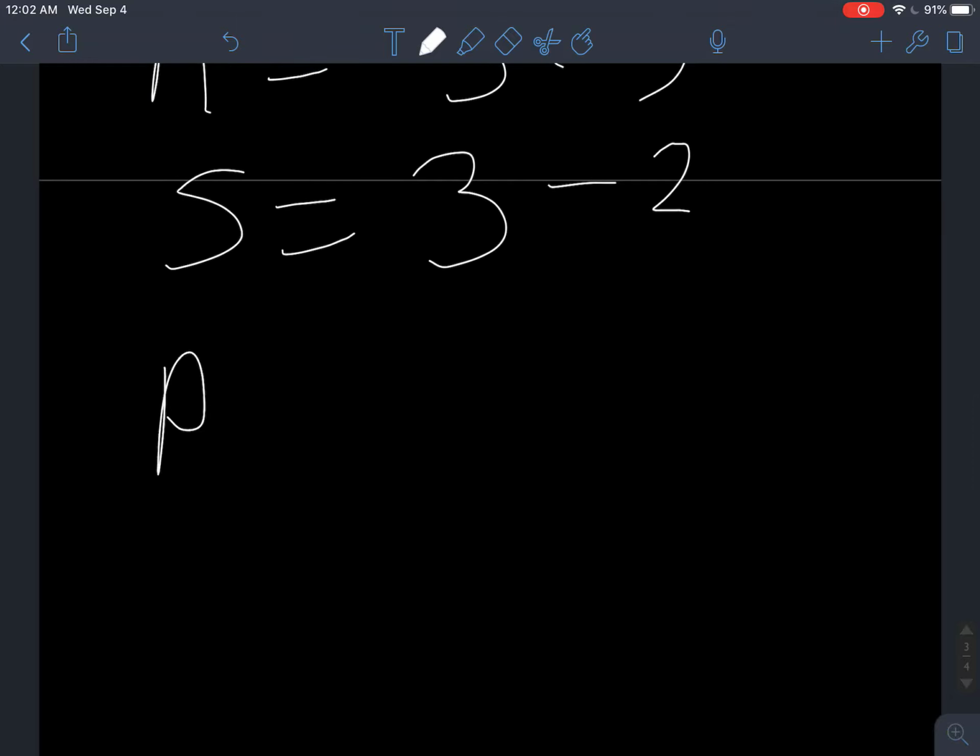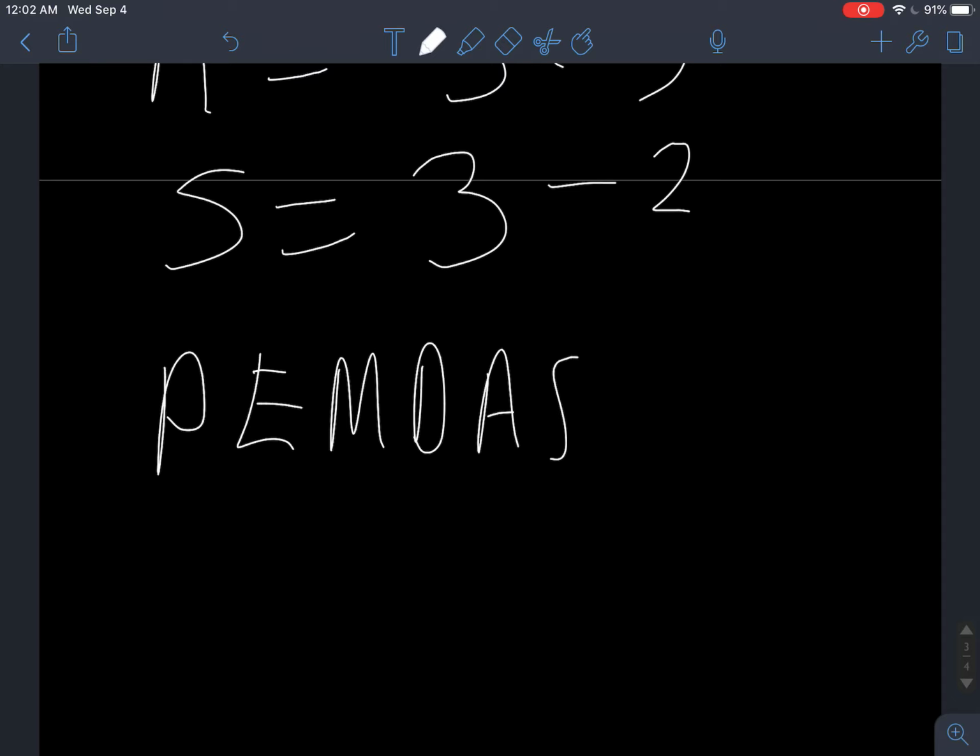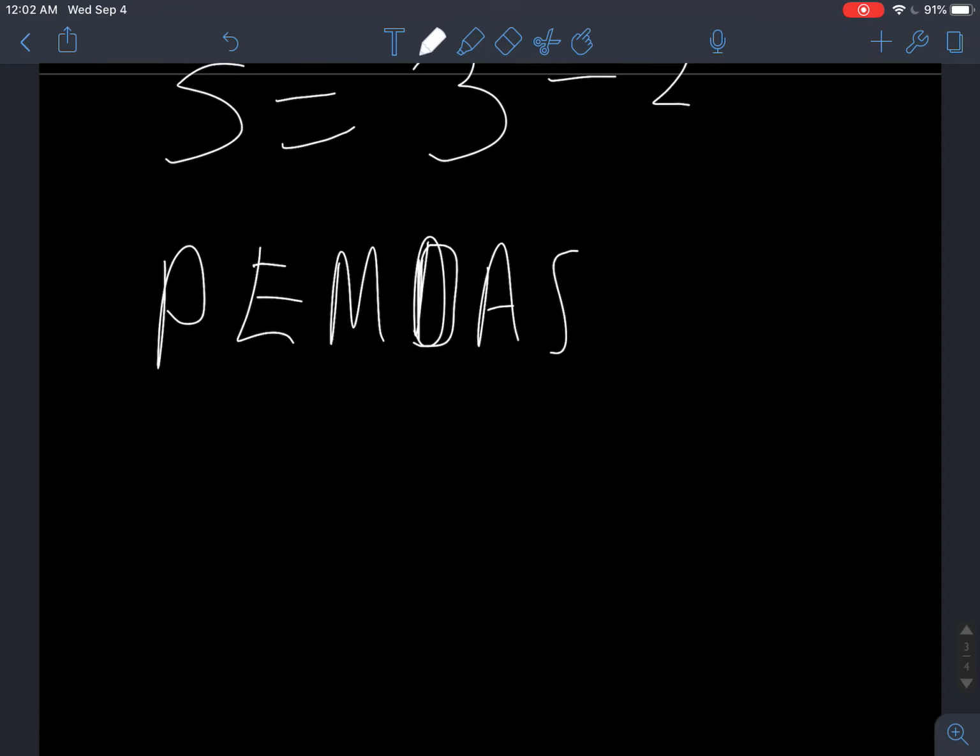So you have P, E, M, D, A, S, because you will get a lot of problems wrong if you don't get this concept. You gotta check if you have parentheses. If you have parentheses, you gotta do whatever's inside the parentheses first. But you also gotta apply this rule again when you're inside the parentheses.